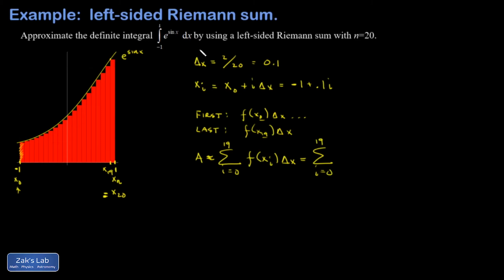So I need to evaluate this function e to the sine x at xi, which is given by this little expression that we found for the cut points. So I end up with e to the sine of xi, which is -1 plus 0.1 i, times delta x, which is 0.1.